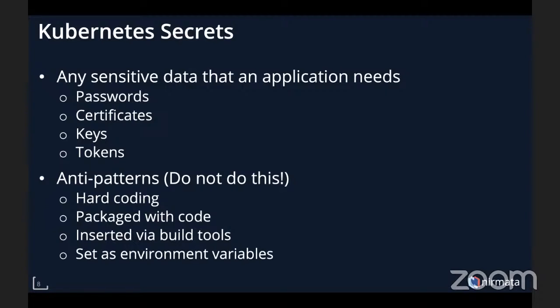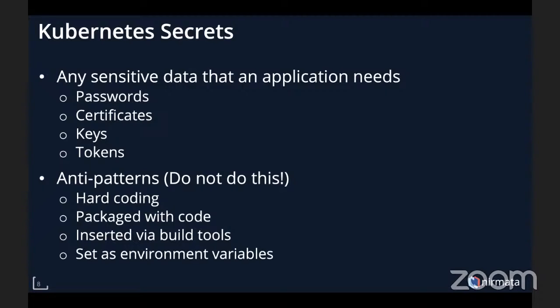Now, the best practice is to not store these in your Kubernetes manifest, as in not expose these credentials or certificates to the outside world. So you want to avoid things like hard coding these in your application or in your Kubernetes manifest, packaging them with code, as you're building out things like Helm charts or other kinds of packages. You don't want these to be included in there.